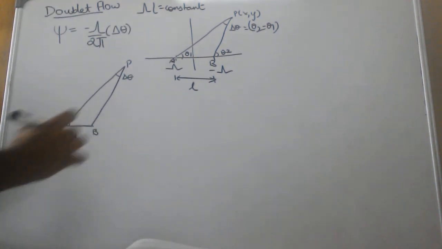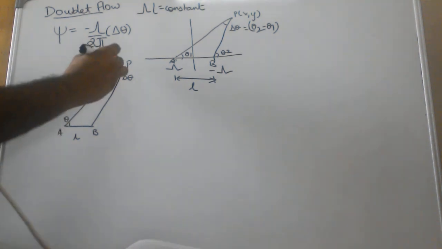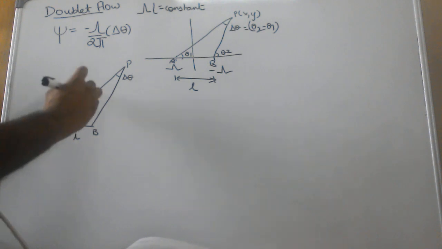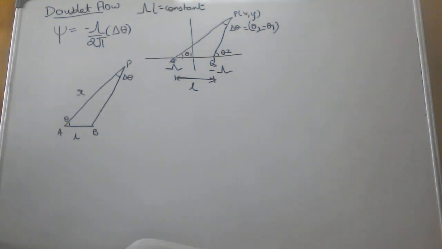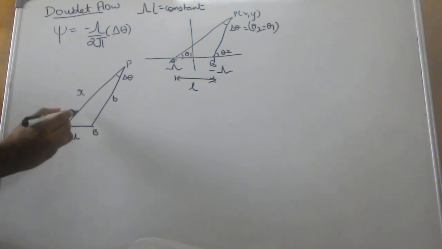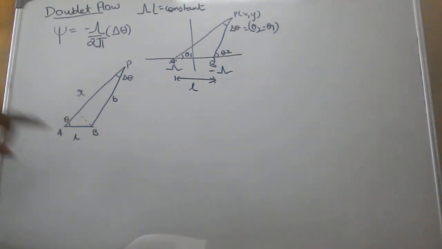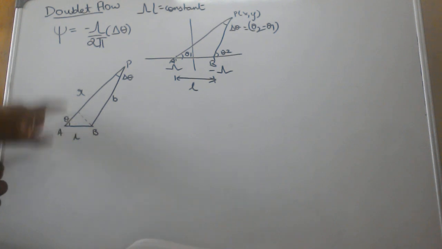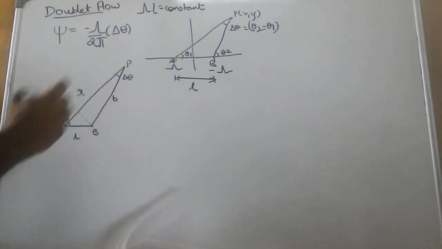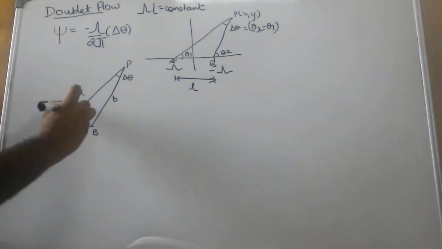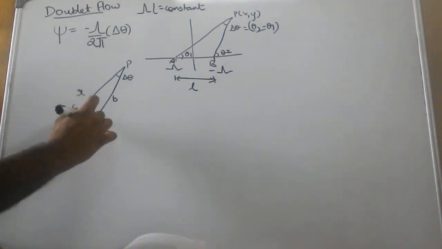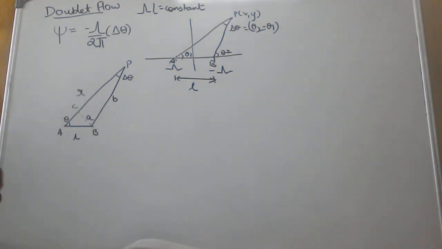So let me call that L. Let me call this side AP as R, BP as R, and if I drop a perpendicular from B to the opposite side AP, let's say it meets that side at the point C, and let's say the length of this side BC is a, right?